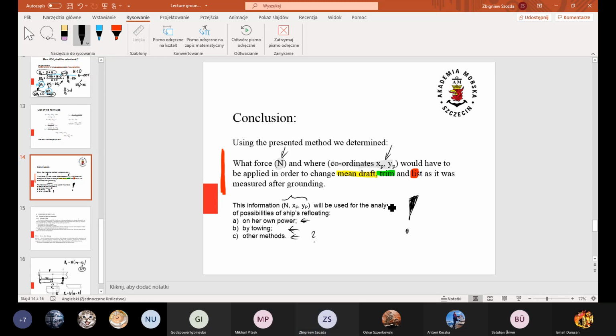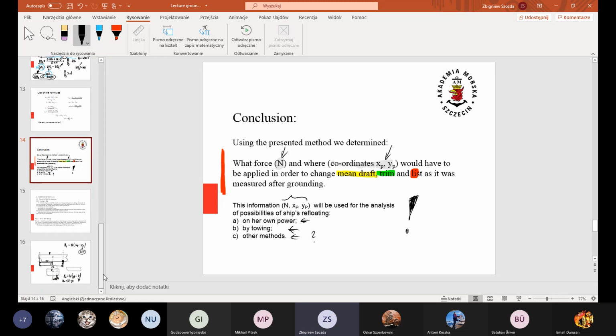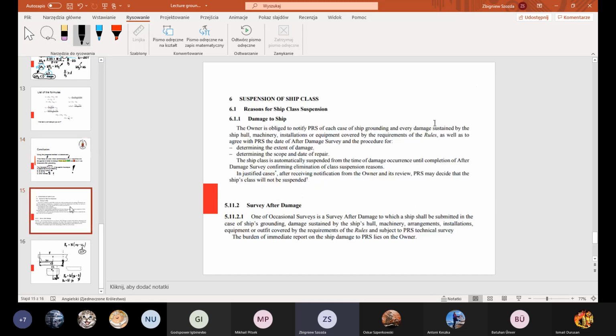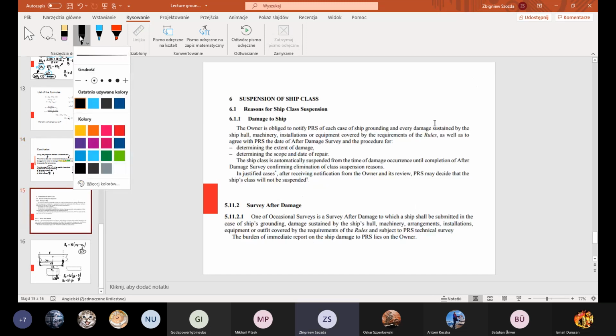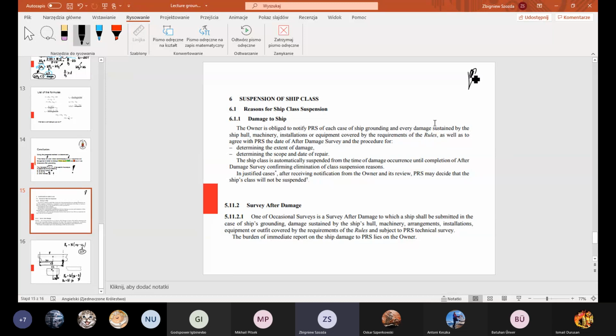Fine. 10 minutes ahead of us, so maybe I will present to you the next slide. From practical point of view, from operational point of view, this slide is very important. I took text from regulations of Classification Society, Polish Register of Shipping.